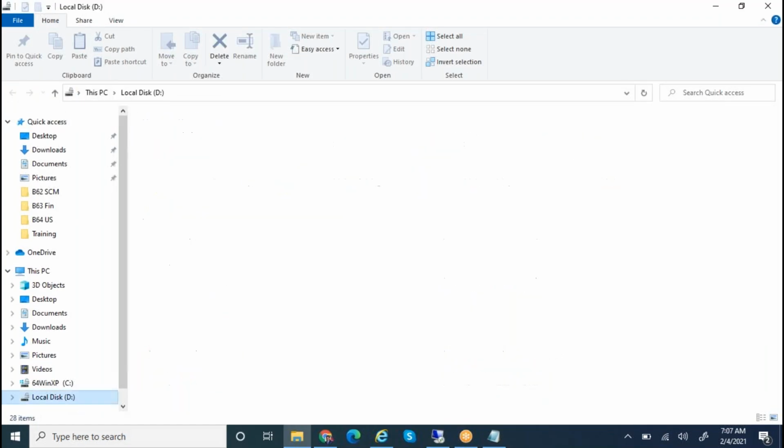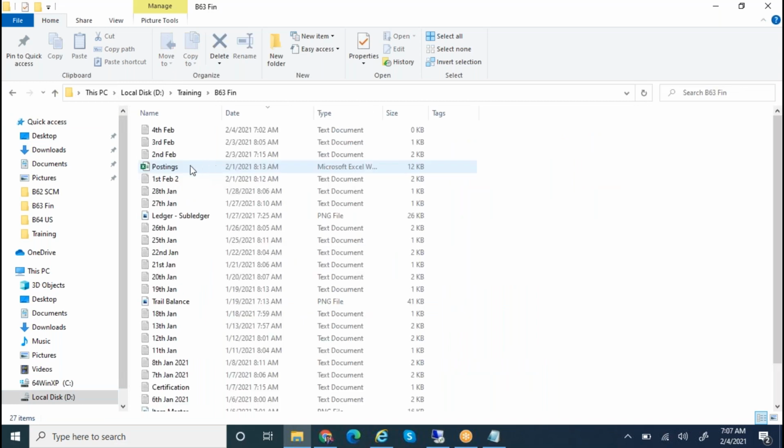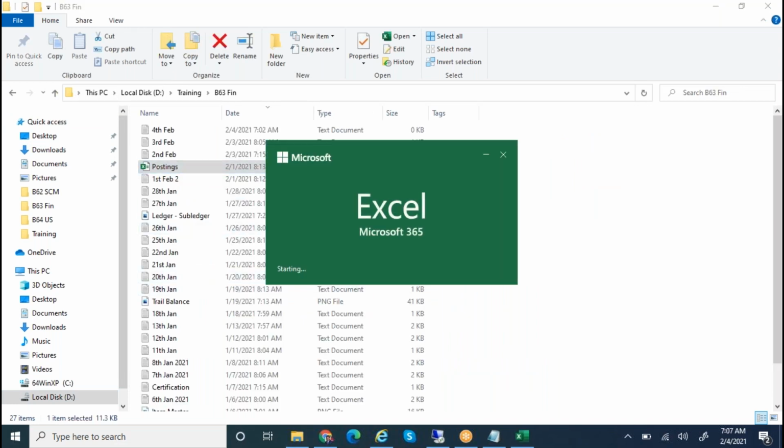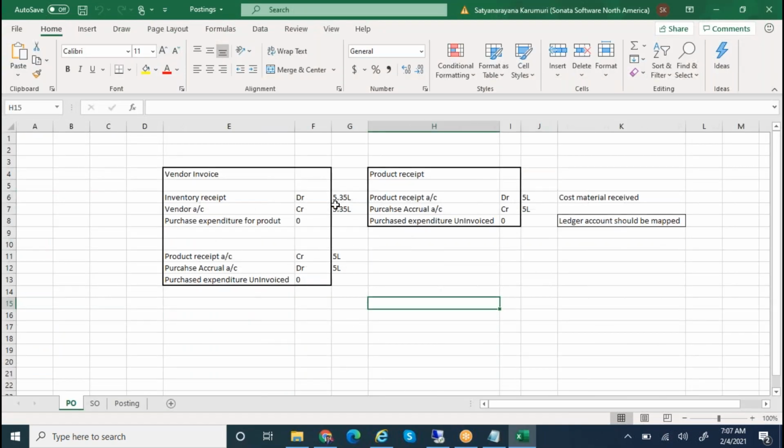Let me go to the file. Remember, this 5 lakhs debit will be posted as credit.